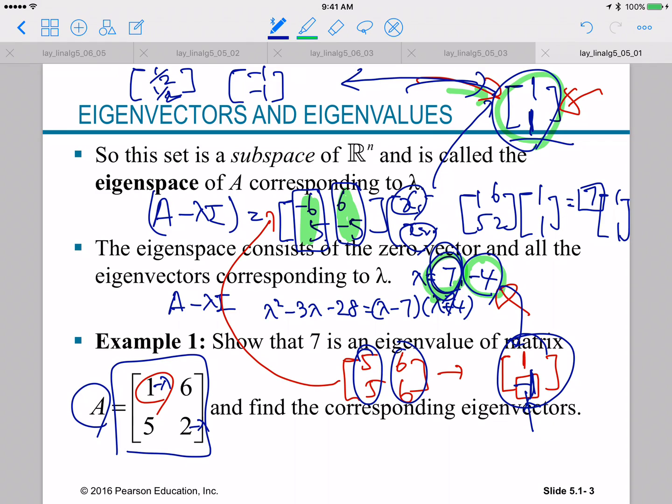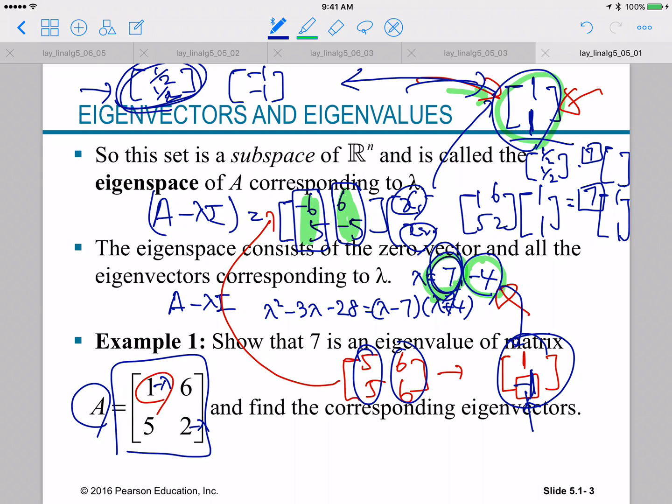Okay, so here only the direction matters when thinking about the eigenvector, right? Because the magnitude itself doesn't matter. If you use this one, it will still satisfy 7 times the original vector, right? It is actually the same.